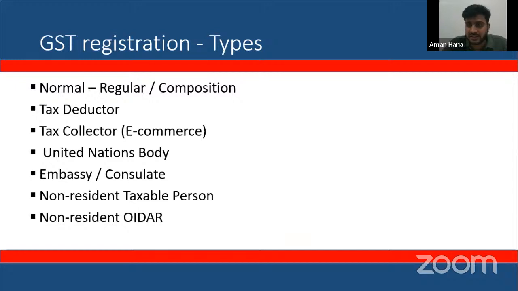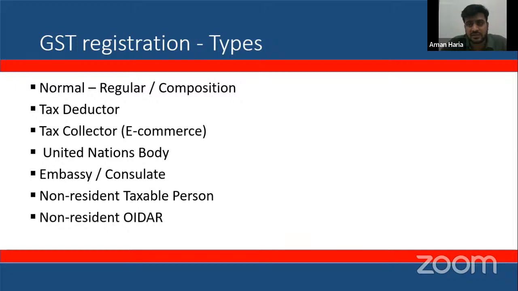Composition taxpayers don't collect GST separately from you, but whatever amount they have collected, on that they have to pay a fixed percentage as tax. The limit for opting for the composition scheme is also very low. So most of the taxpayers are generally regular taxpayers.